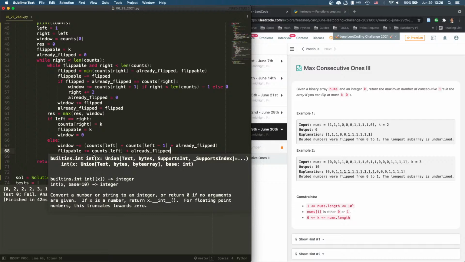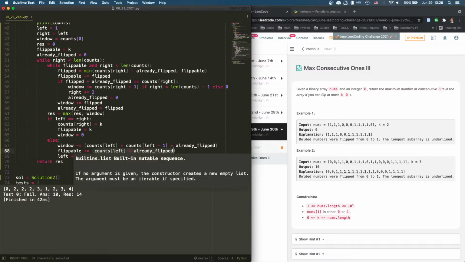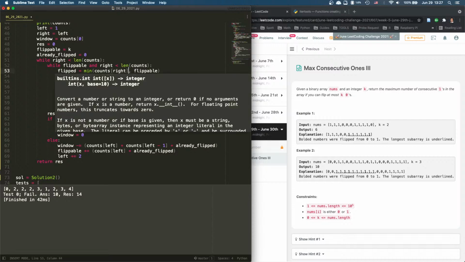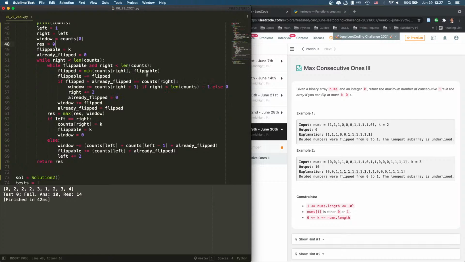So basically we say we're gonna flip again. So we have a new one, we're gonna try to flip again. And then flippable, we try to fit everything, we try to fit there again. And we say then counts right, we don't have to minus this, we're just going to do counts right again.